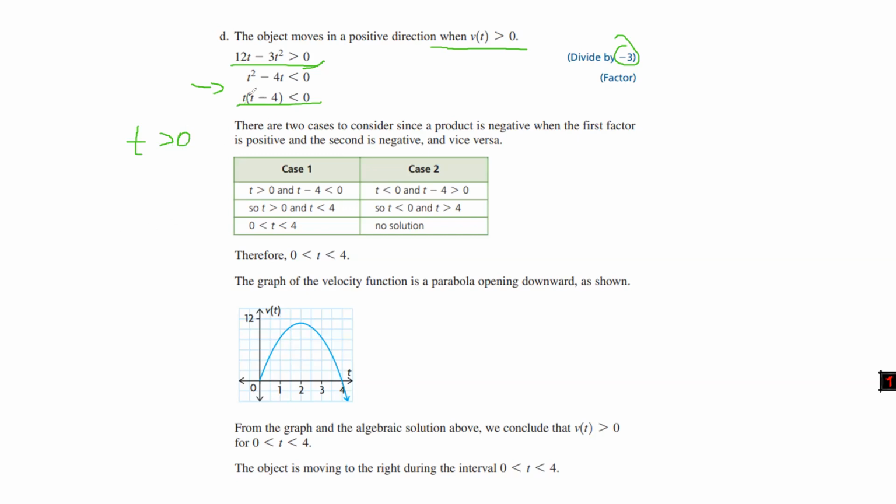Because no matter what positive number you take, this is going to be positive. On the other hand, if you take t less than 0, this would be negative. Make sense? But now we'll take a look at t minus 4, and t minus 4 would be positive when t is greater than 4, and would be negative when t is less than 4.